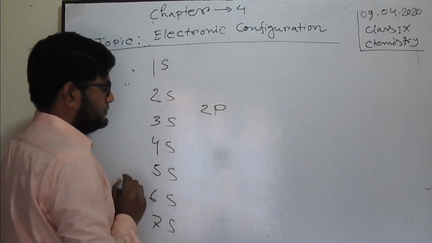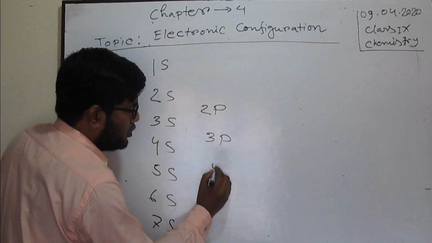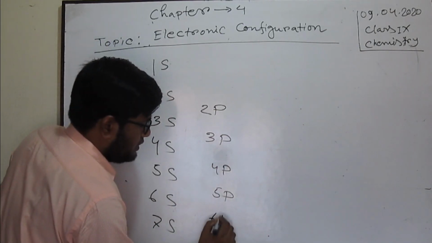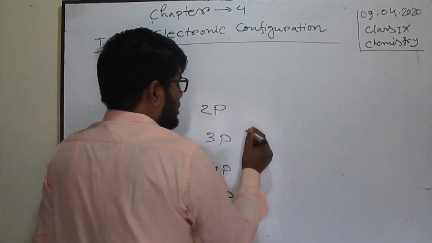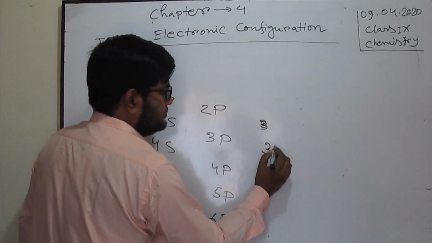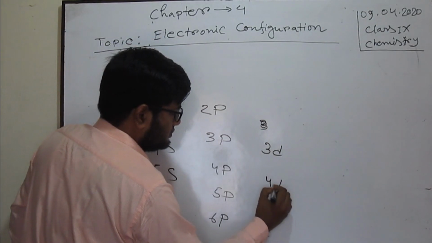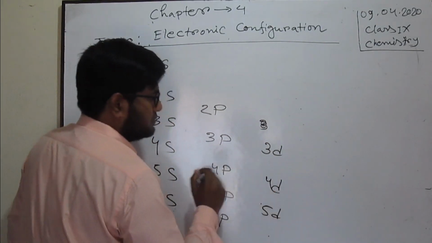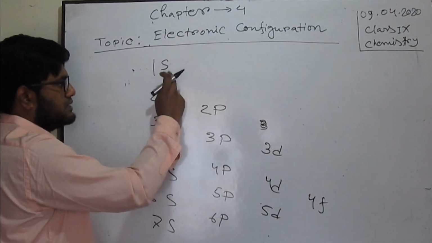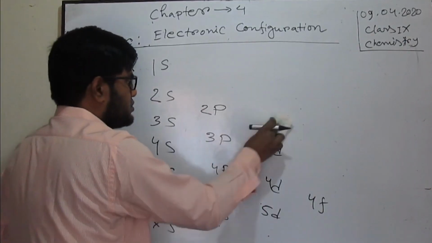This is 2p, then 3p, 4p, 5p, 6p, then 3d, 4d, 5d, 4f. You know there are 4 orbitals: s, p, d and f orbitals. You can write by this way.